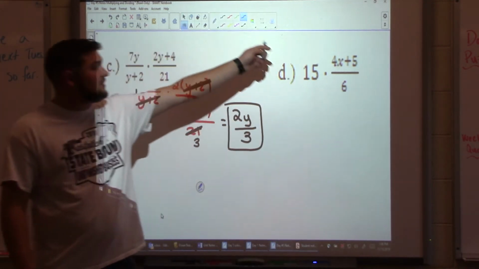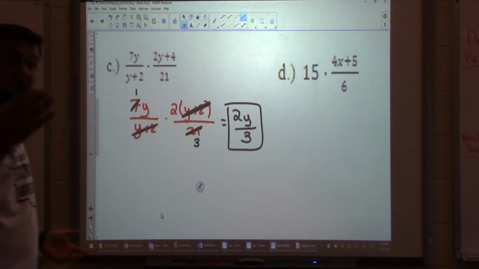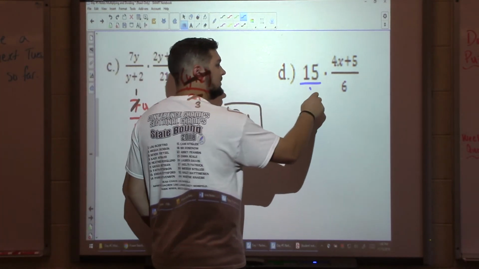Our next one, 15 times 4x plus 5 over 6. Hey, can I factor anything there? No. But everything we've done so far has been fraction times another fraction. Put it over 1.